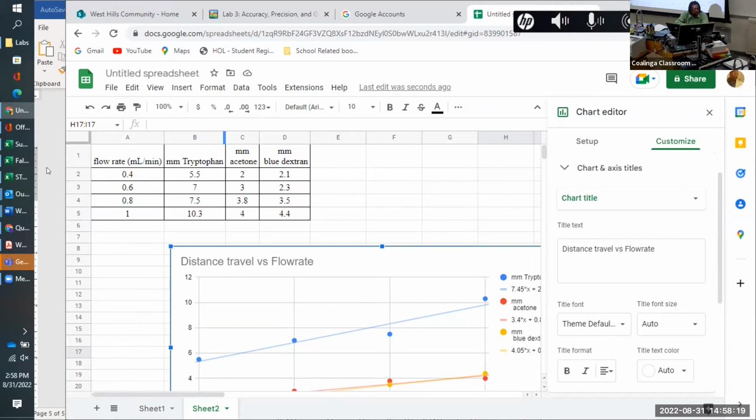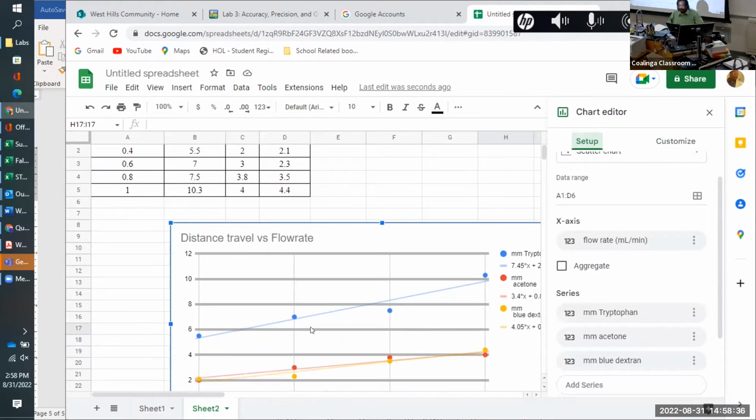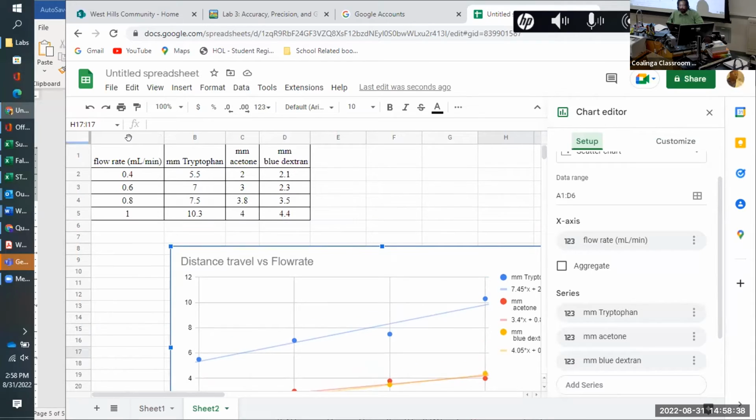Okay, questions? Not too bad. Anybody having trouble? On the y-axis, edit that one. Okay, so to edit that one, it's under setup. And I actually did edit the y-axis. The y-axis is just these values here, right? So I said the x-axis is going to be my flow rate.